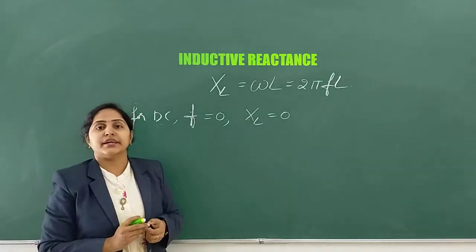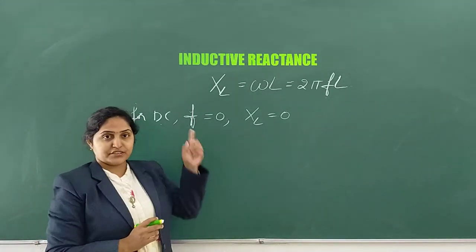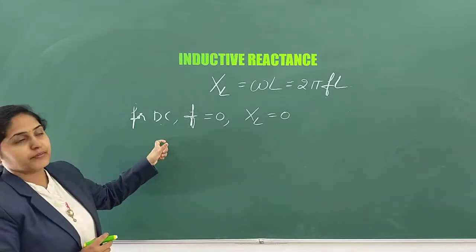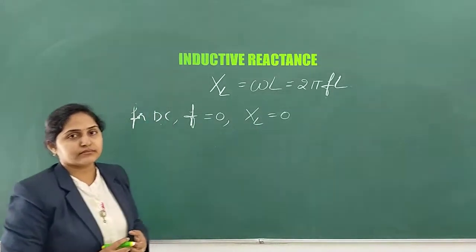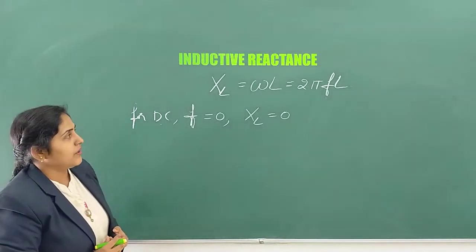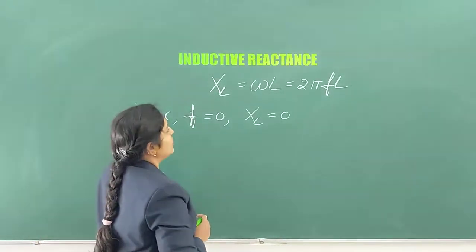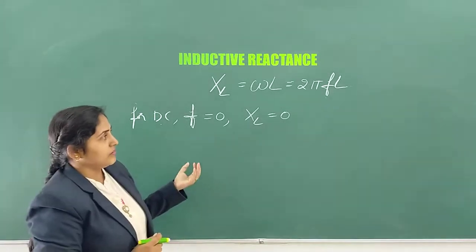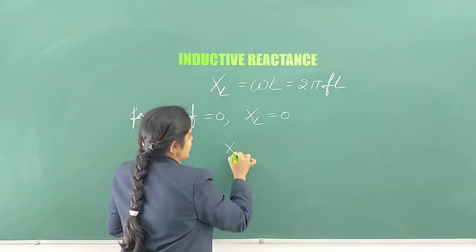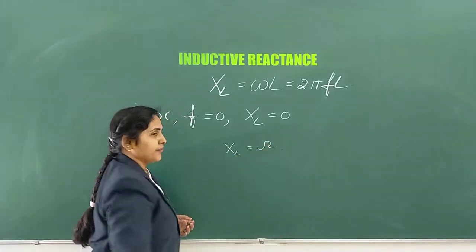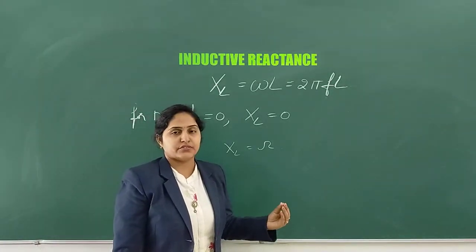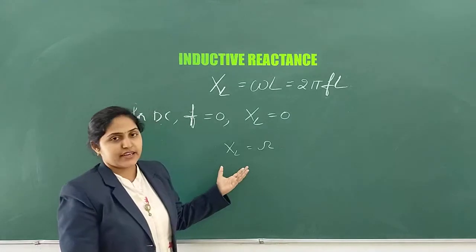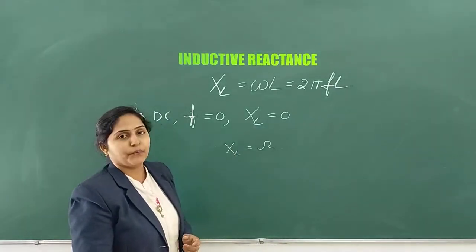It allows greater current, because XL becomes 0 in the case of DC. And the SI unit of XL is ohm. What is the SI unit of resistance? The same SI unit is carried for inductive reactance: ohm.